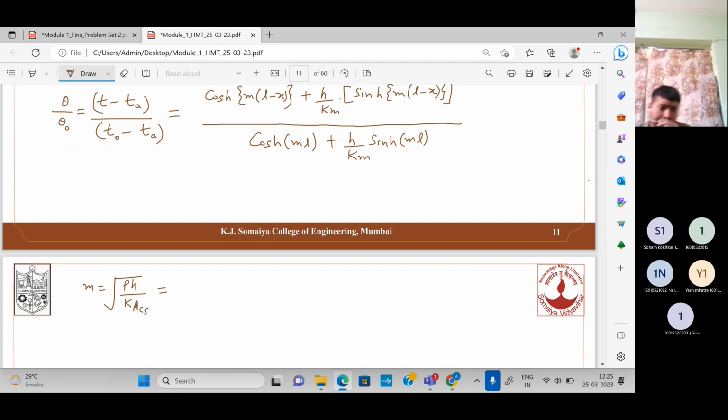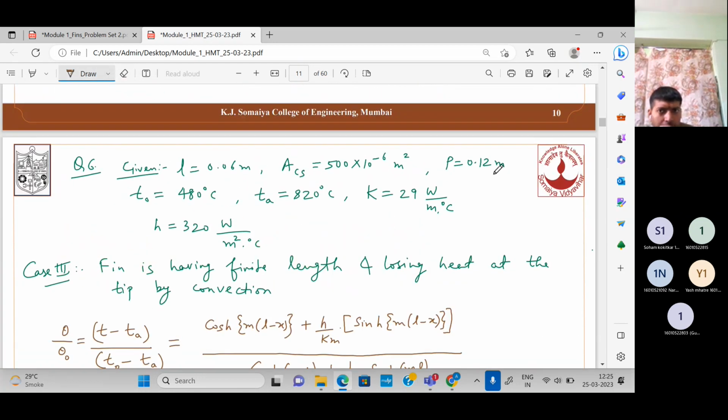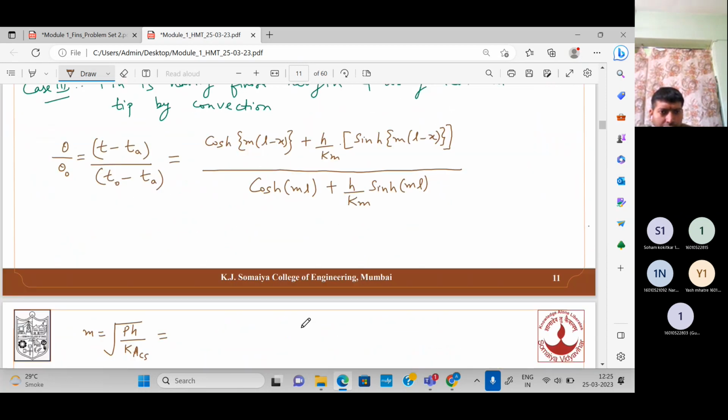So now calculate it. What is your P? Perimeter is also given, 0.12. h is also given. Okay, everything is given, just put all the values.